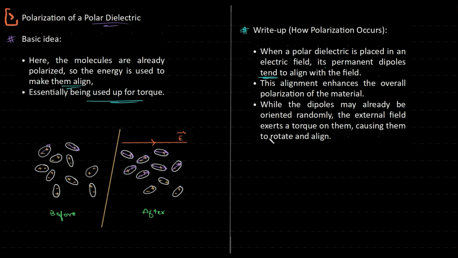At one end, we are looking at a lot of positive charges. At the other end, we are looking at the net negative charges. While the dipoles may already be oriented randomly, the external field exerts a torque on them, causing them to rotate and align. So basically, we are using up the energy in this process.